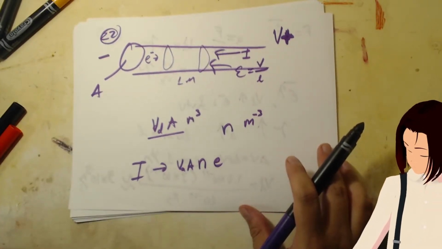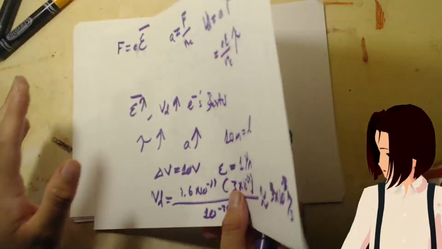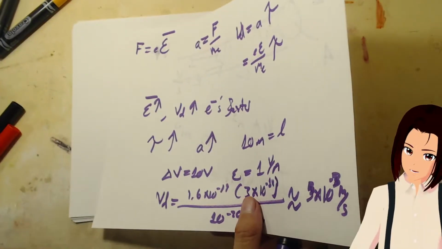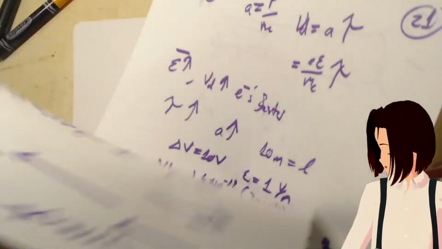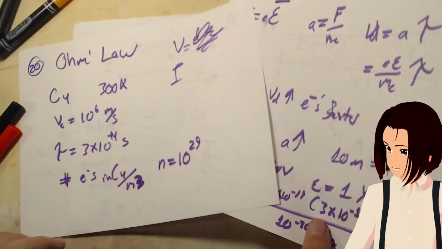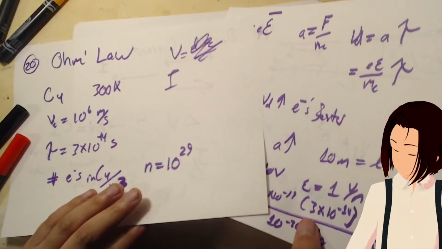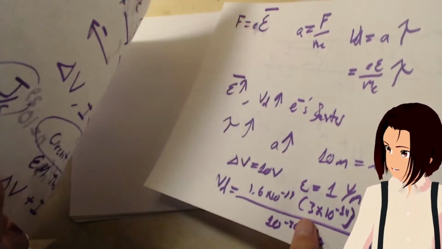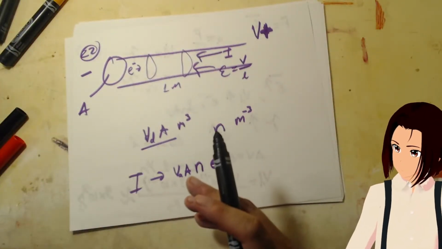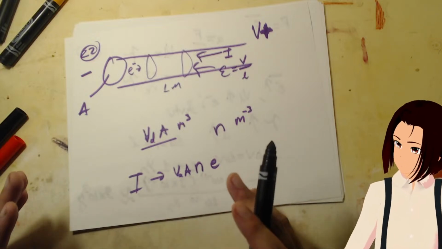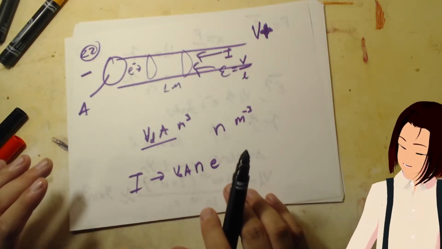You get that all this stuff right here is what I'm trying to illustrate: that we can calculate the resistance from all of those variables.